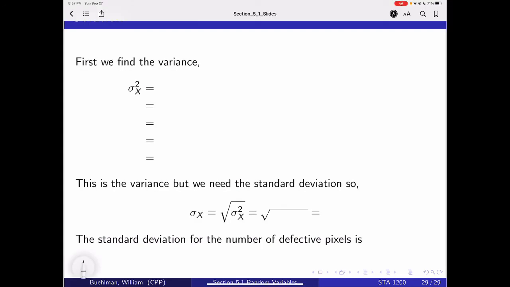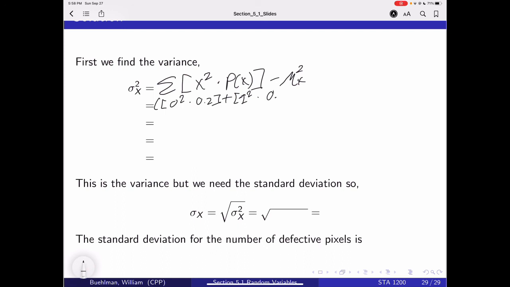First we need to compute the variance, which was the summation of x squared times p of x minus mu of x squared, which is equal to 0 squared times 0.2, which is the probability that 0 happens, plus 1 squared times 0.5, the probability that 1 happens, plus 2 squared times the probability of 2, plus 3 squared times the probability of 3, minus the mean squared, which was 1.2 squared.